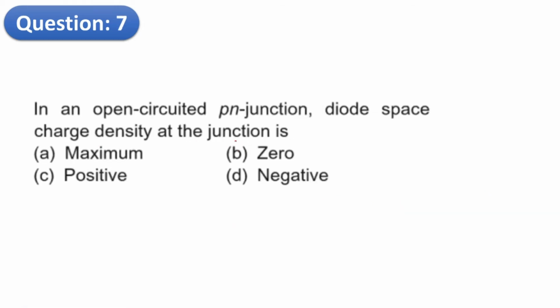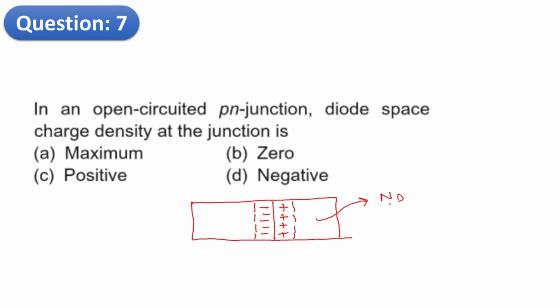Question number 7. In an open circuited PN junction diode, space charge density at the junction. Okay, so we have a diode like this. Okay, this is the junction. There is a negative charge, and there is a positive charge. Okay, so the charge density would depend on the donor concentration ND and the acceptor concentration NA.